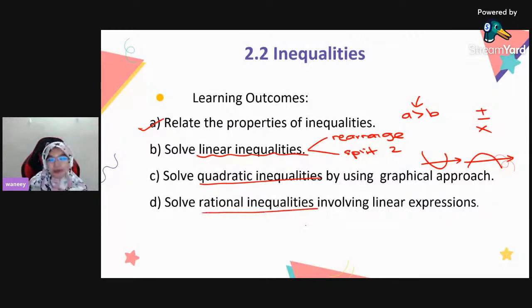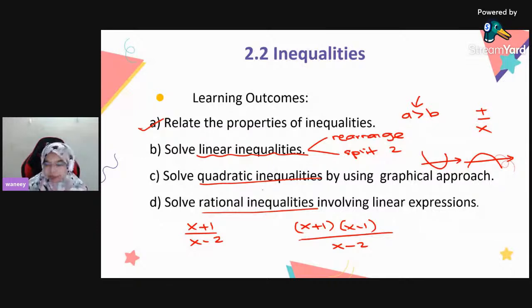That means that you should be able to factorize everything into linear. So it might look like (x+1)/(x-2), or it will be (x+1)(x-1)/(x-2). So you should be able to express them in linear. Okay, so that is for D. So let us proceed to A first.